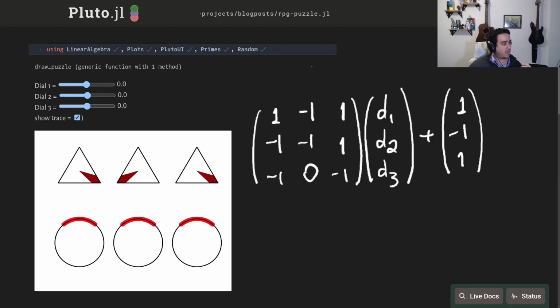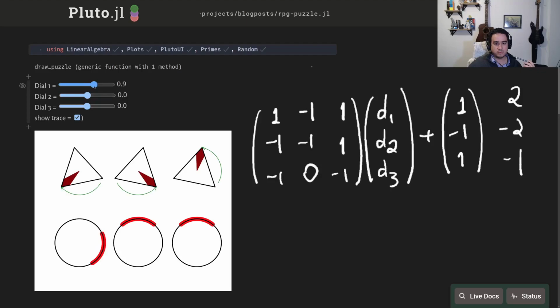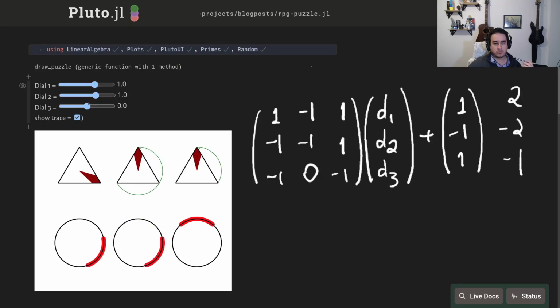So if I move dial to 1, 1, 1, I can do the math here. All of the dials are rotating once. Okay. So the final position of the first dial is 2/3 of the way.